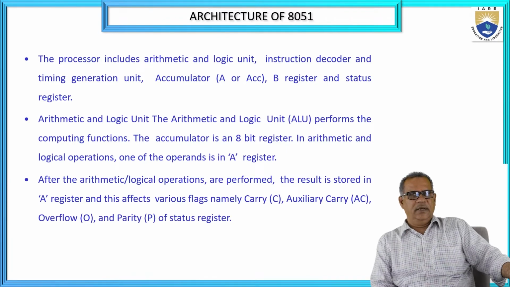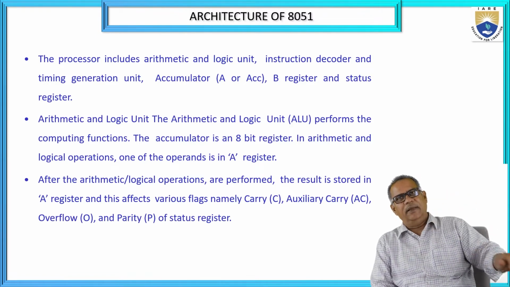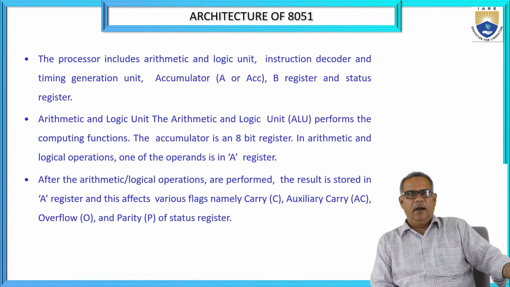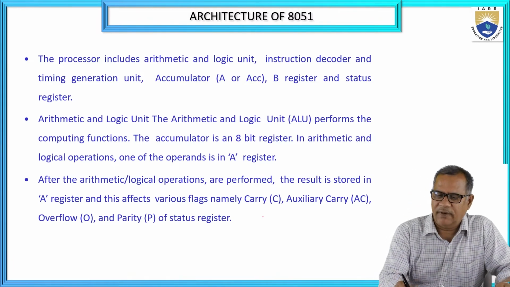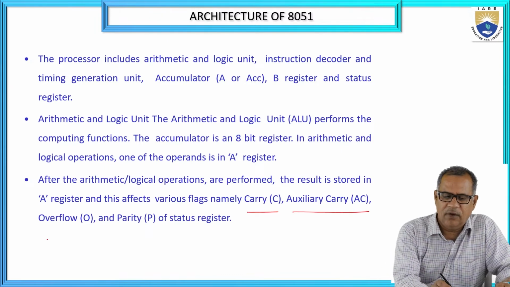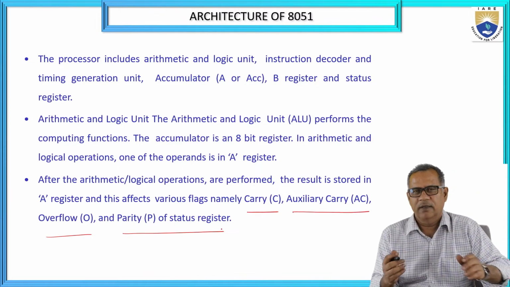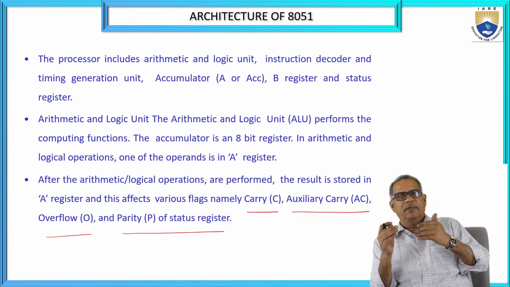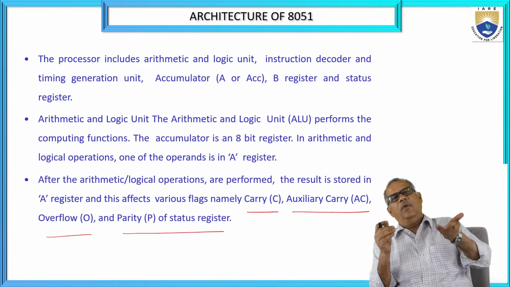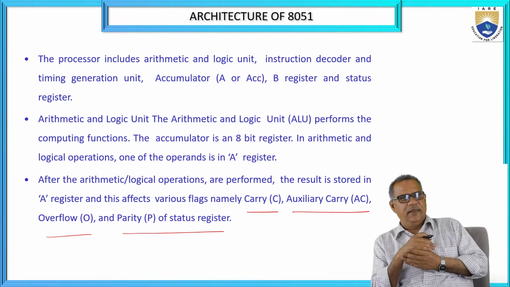The accumulator is an 8-bit register, and for arithmetic and logic operations, one of the operands is kept in the A register, that is, the accumulator. After the operation, the result is stored in A, and depending upon the type of result, various flags are affected. The flag register contains the carry flag, the auxiliary carry flag, the overflow flag, and the parity flag. If the arithmetic computation results in an overflow of carry in addition, or a borrow of carry during subtraction, then the carry flag is set.